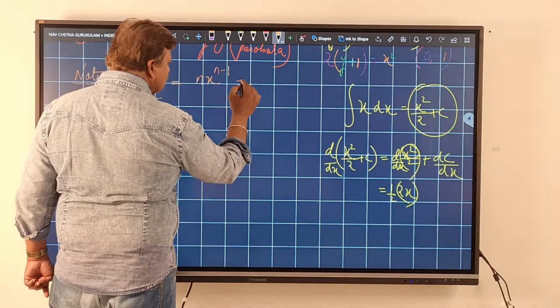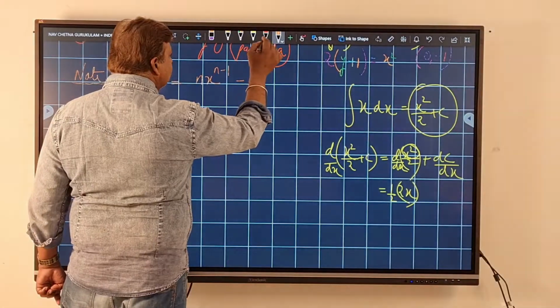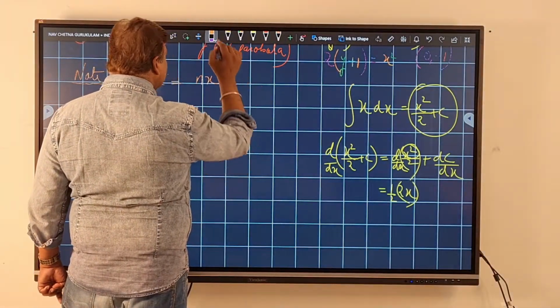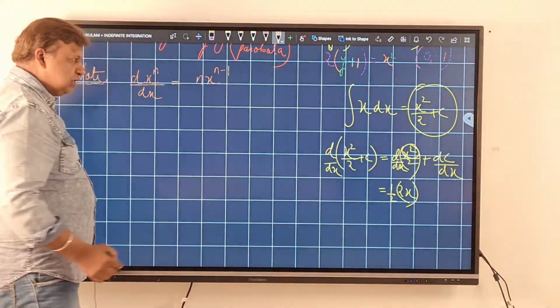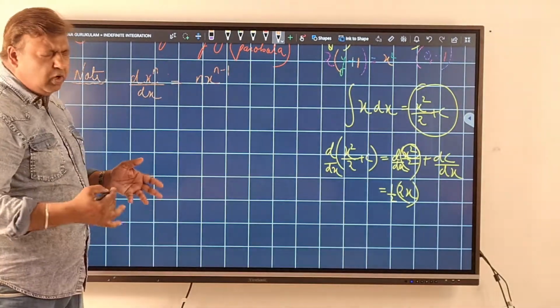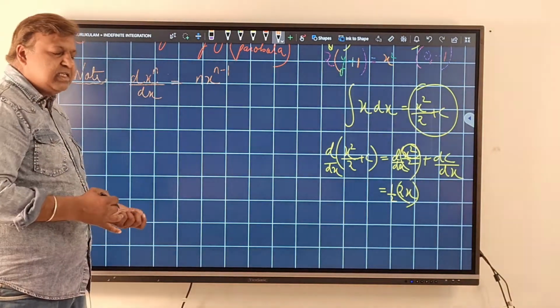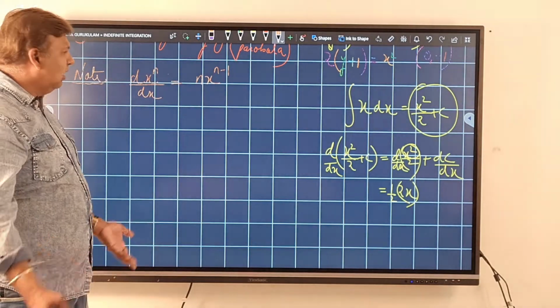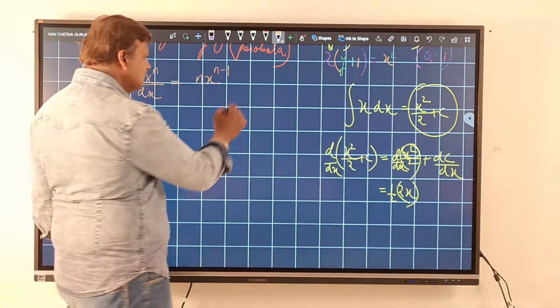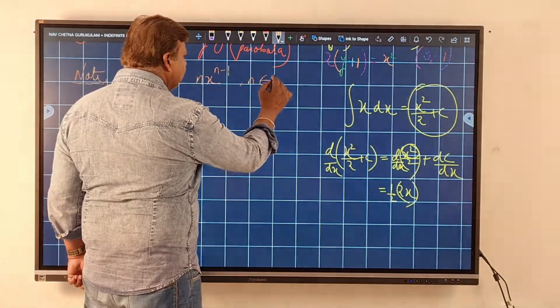Is anything not acceptable in this formula? What are you not accepting as a value of n? Tell me. None. Every value is okay with this. n can be a real number.